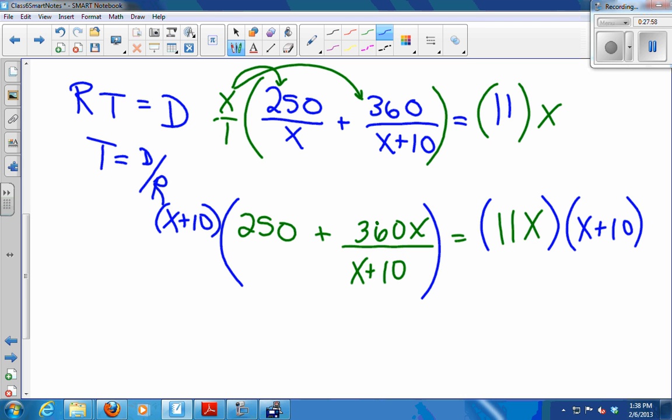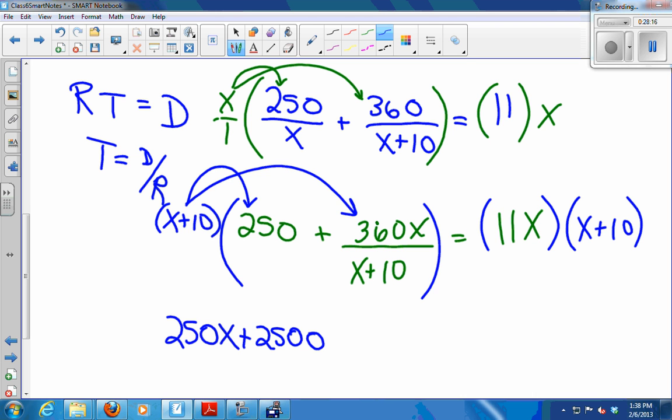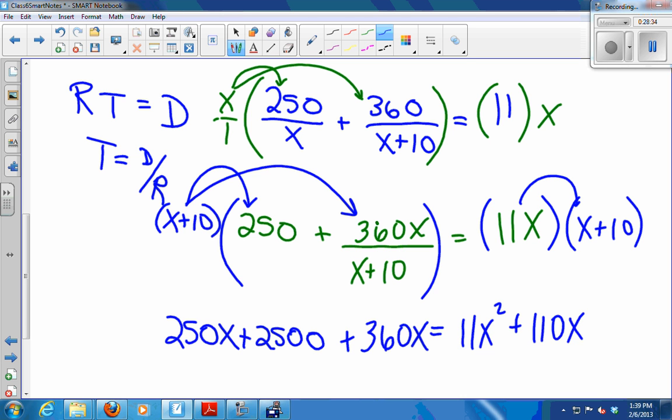Then I have to distribute the x plus 10 to both terms on the left side. x plus 10 times 250 is 250x plus 2500. Then x plus 10 times the fraction: I have an x plus 10 on top, x plus 10 on the bottom. They cancel, and I have plus 360x. And that would equal 11x squared plus 110x when I distribute my 11x.